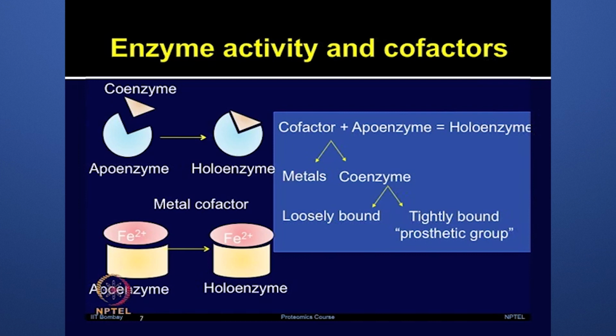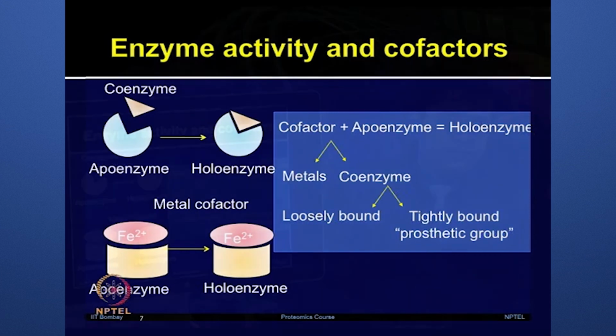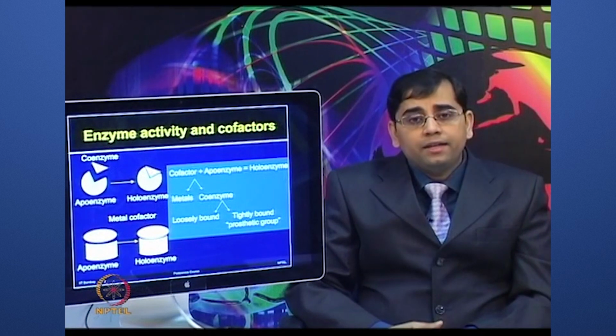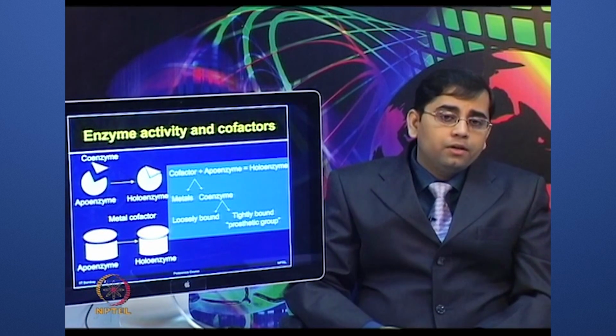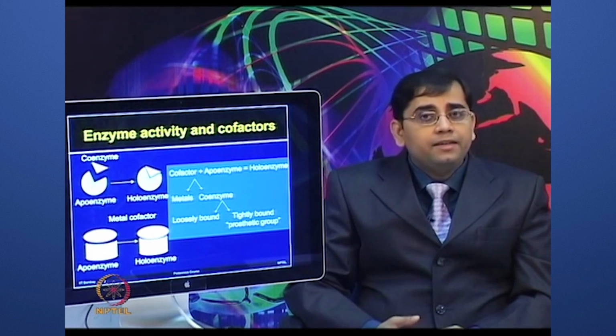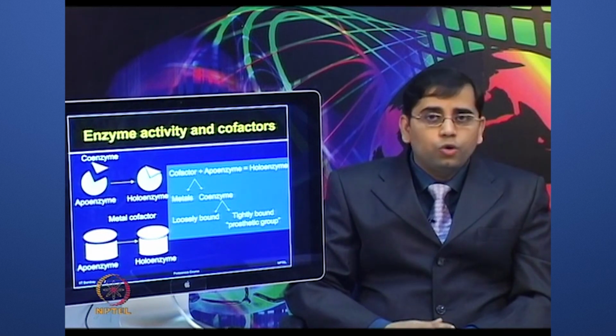The coenzymes are small organic molecules such as those derived from the vitamins. The prosthetic group is a tightly bound coenzyme. The apoenzymes are enzyme without its cofactor, and holoenzyme when you combine cofactor and apoenzyme to give rise to complete catalytic enzyme, that is holoenzyme.